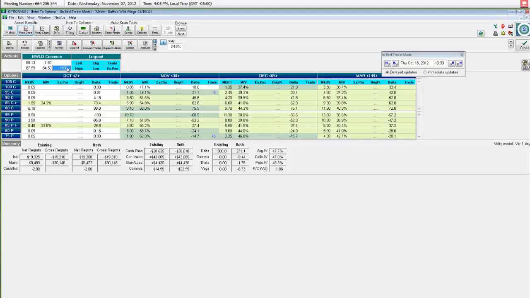If you look over here to the left, I've just highlighted 500 shares of Buffalo Wild Wings. Let's say you own that or you bought it previously, whatever. Now there's an earnings announcement coming up. Here's what your graph looks like.